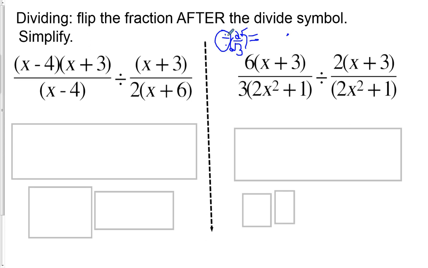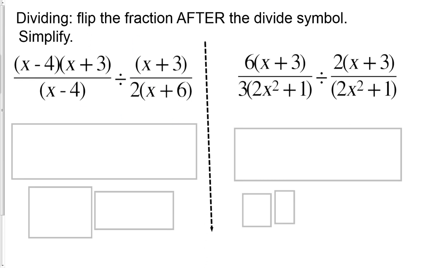Instead of divide by 2/3, this becomes times 3 over 2, right? So the top numerator became the denominator, and the denominator, bottom, became the top numerator. That's the same thing we're doing here. The only difference is they don't look nice and neat like that. They're a little bit larger.